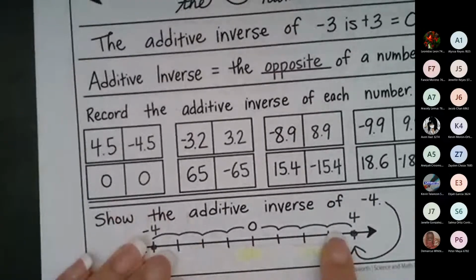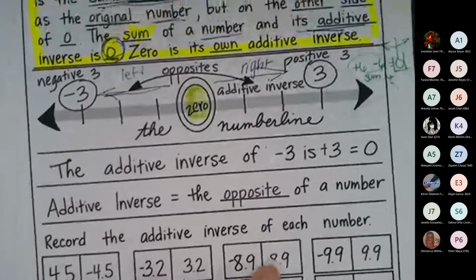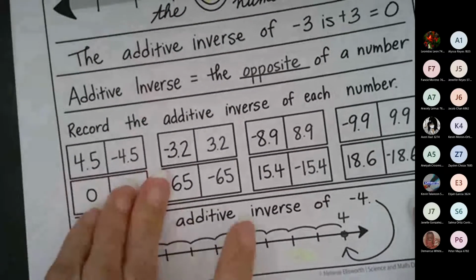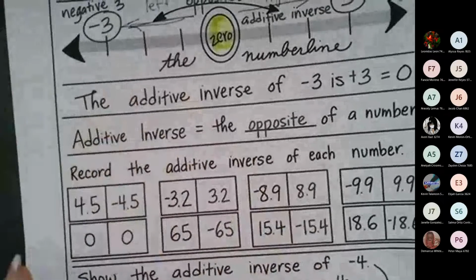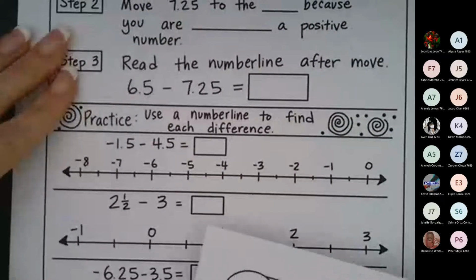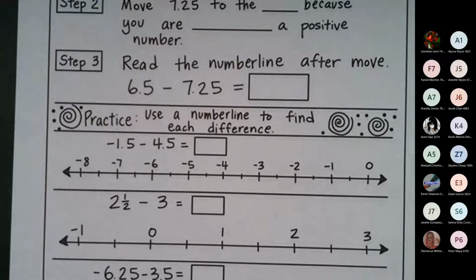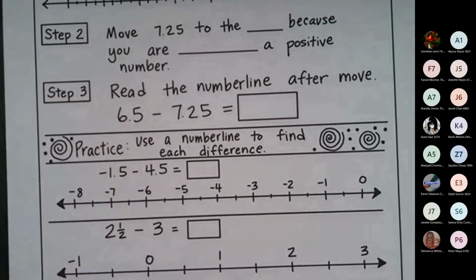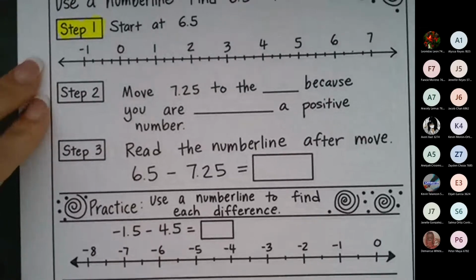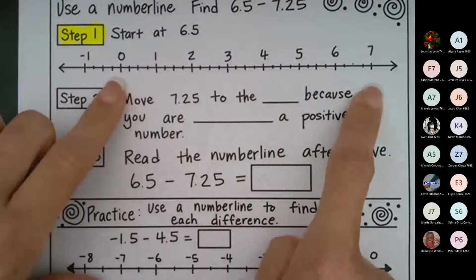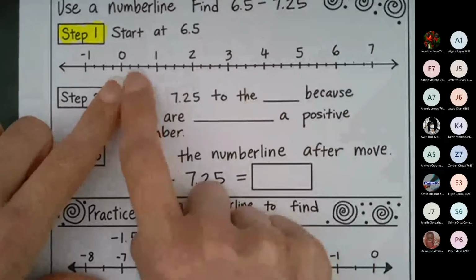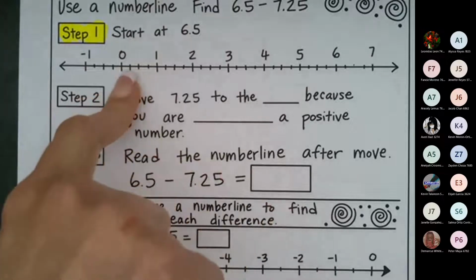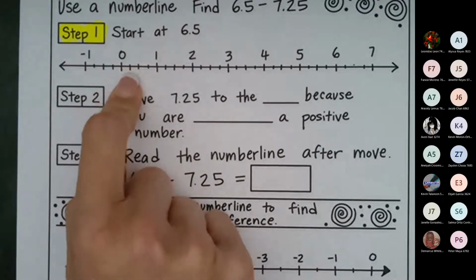Sometimes, when we had values that were greater than what our number line went to, we had to think outside of the number line box and know how to identify what numbers would be on which side. So no matter how far to the right we go from 0, it will be positive. And no matter how far left I go from 0, it will be a negative value, right?